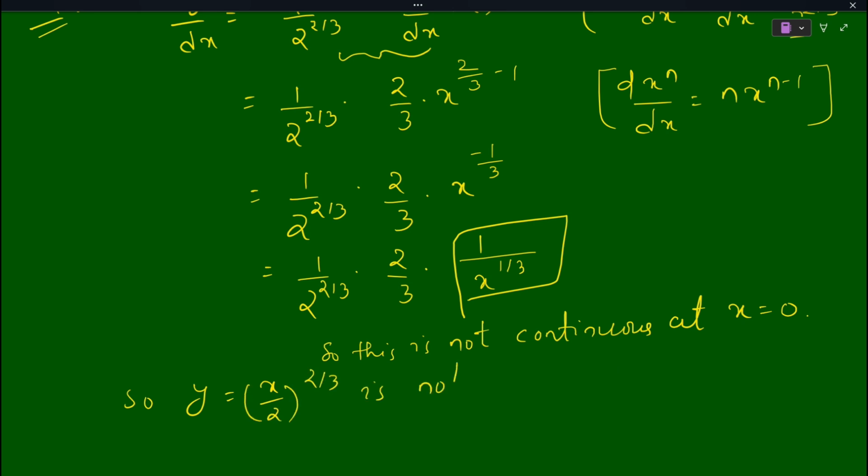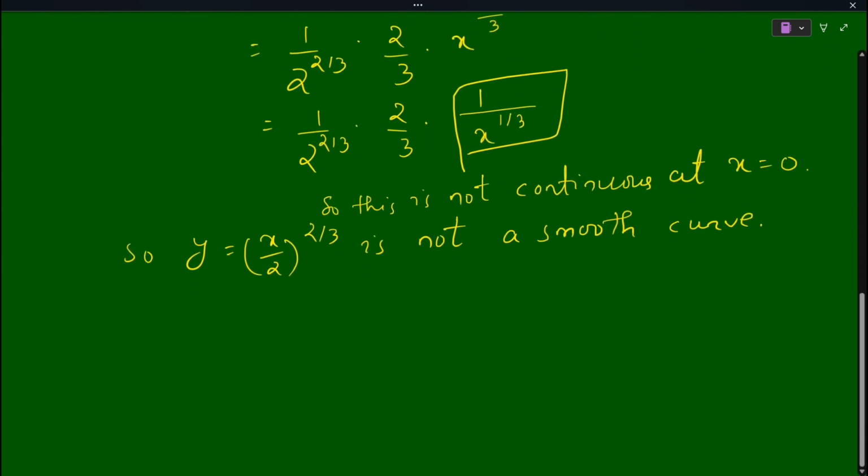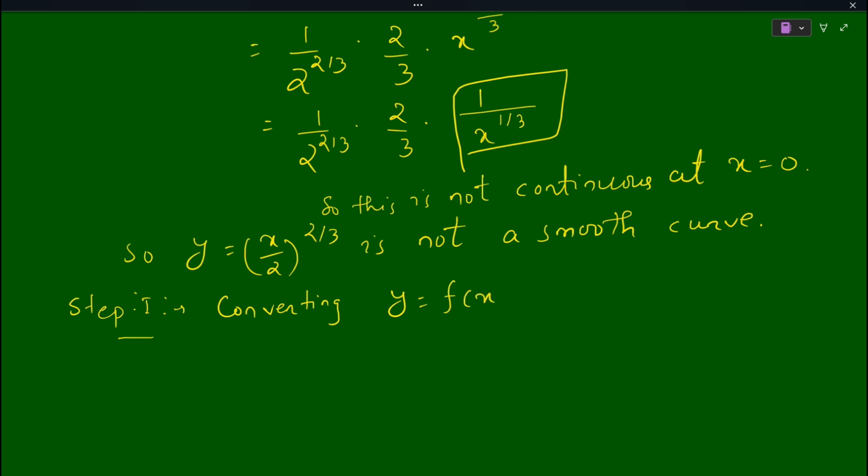If it is not a smooth curve, then we will use the second method, which states that we convert the function from y equal to f of x to x equal to g of y. That means the first step is converting y equal to f of x to x equal to g of y.